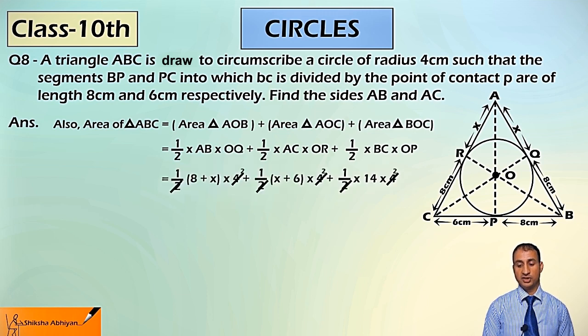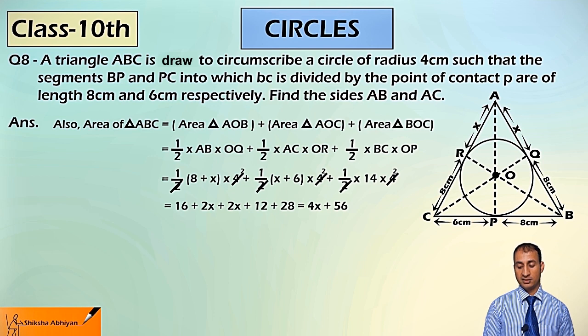Now AB की वैल्यू स्टूडेंट 8 plus x and OQ radius of circle is 4. Again AC की वैल्यू x plus 6 और OR again 4 radius. Now BC is equal to 14, ये हमने निकाला हुआ है, sum of 6 plus 8, and OP is 4. Now student, 2 से 4 को डिवाइड कीजिए यहाँ सब.